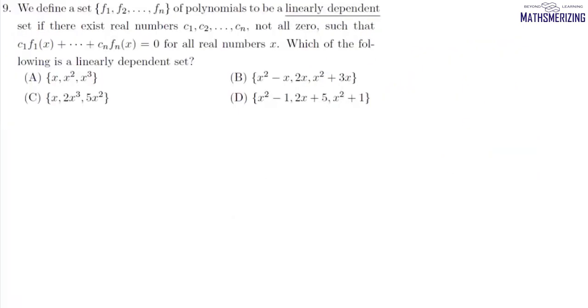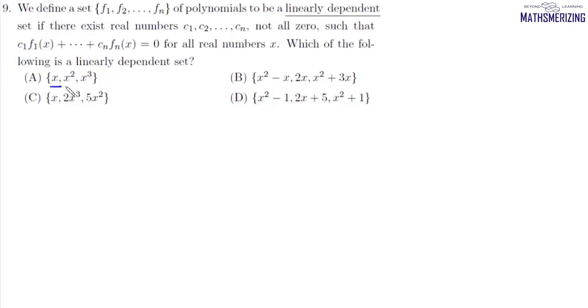Now question number 9 is, we are given some functions f1, f2 and fn, and we say these polynomials are linearly dependent if there exist real numbers c1, c2 and cn, not all 0, such that c1 f1 plus c2 f2 up to cn fn is 0 for all real numbers x. Then which of the following is a linearly dependent set?